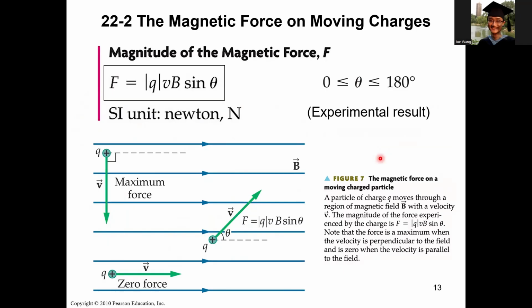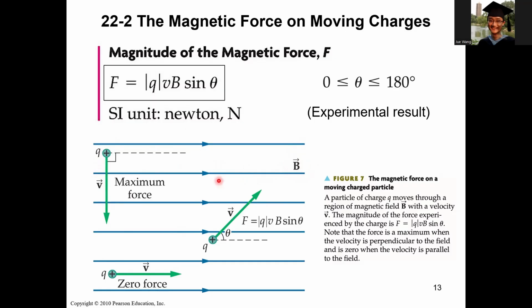And we learned that two kinds of things can feel a magnetic force inside a magnetic field. First of all, there are moving charges. If a charge is moving at a velocity, there's a velocity vector, and it's inside a magnetic field vector, the charge will feel a magnetic force.